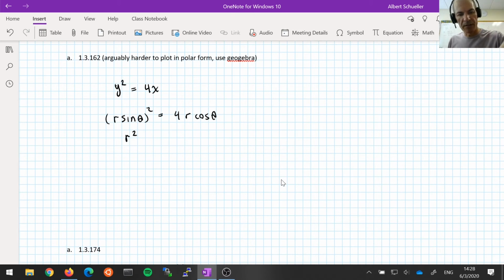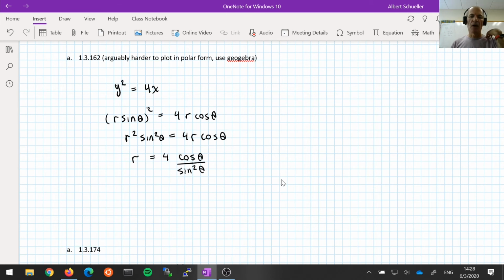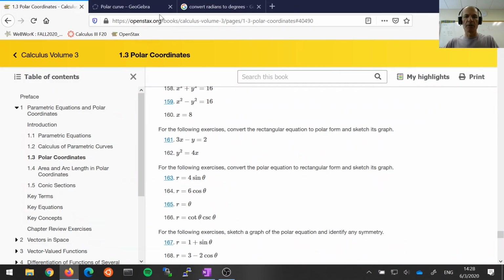So we'll expand this out, r squared sine squared theta equals 4 r cosine theta. We can divide out the common factor of r. And let's divide both sides by sine squared. And now we've written r as a function of theta, and indeed we could plot this over on Geogebra.